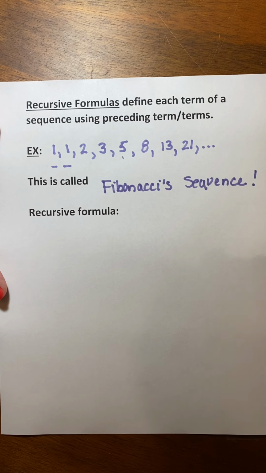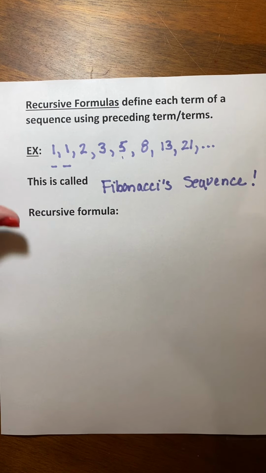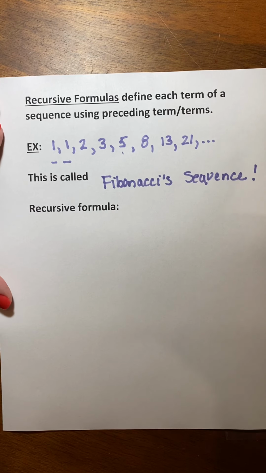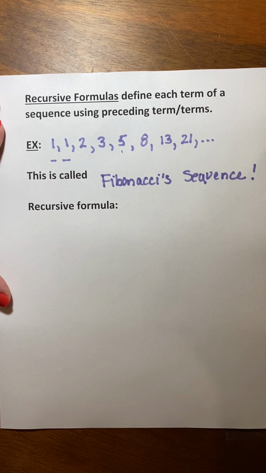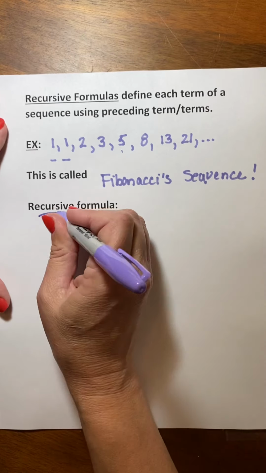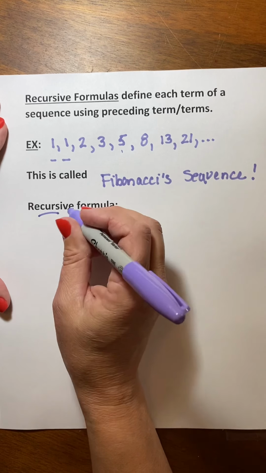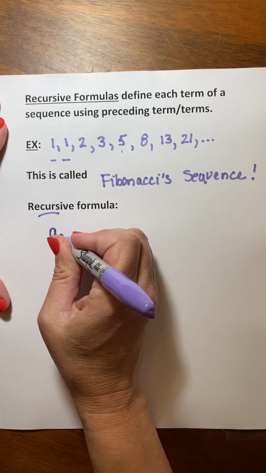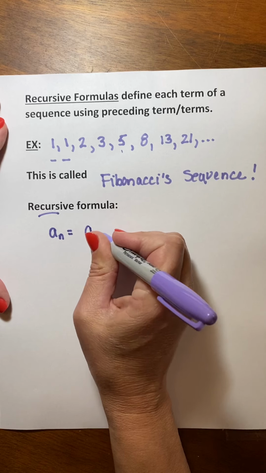Okay. This is a recursive formula, though. If I wanted to know the 100th term of this sequence, I would actually have to list out the 99 before it. There is no formula. No one has discovered yet a formula that will give us the nth term of the sequence without actually going to that term. So the recursive formula for this says that the nth term is just the sum of the two terms before it.